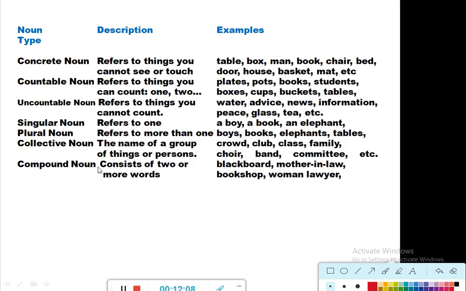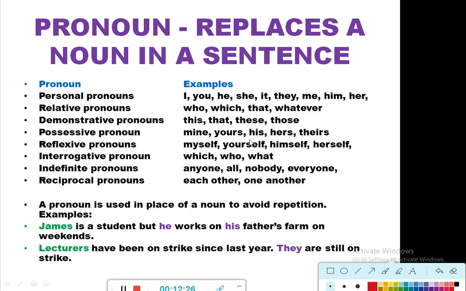Then a compound noun consists of 2 or more words, such as blackboard, mother-in-law, bookshop, woman lawyer, and so on. These are compound nouns. Then a pronoun replaces a noun in a sentence. A pronoun is a word used in place or instead of a noun.